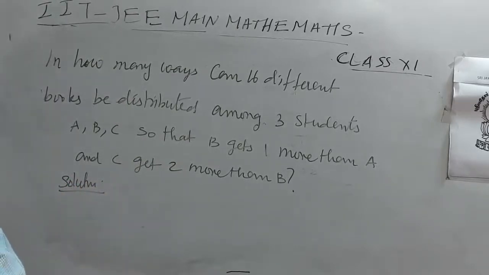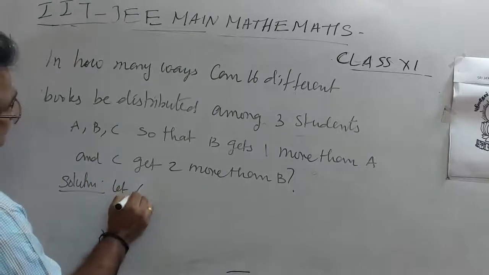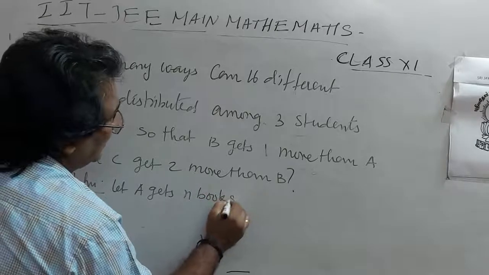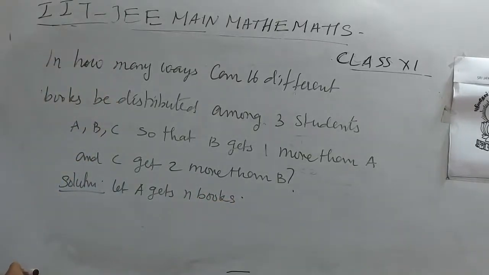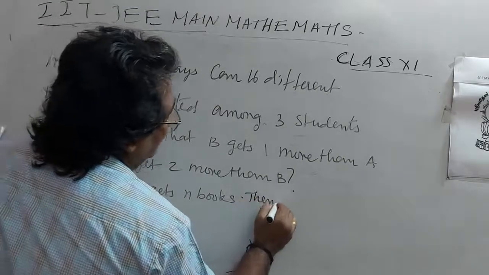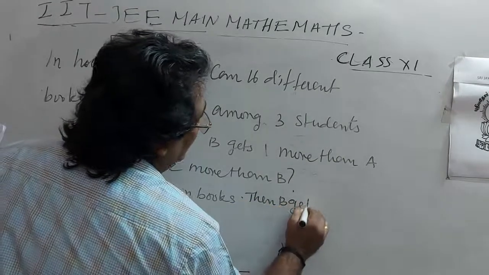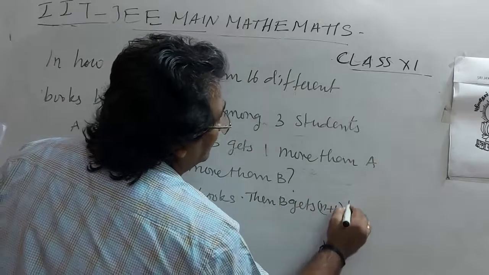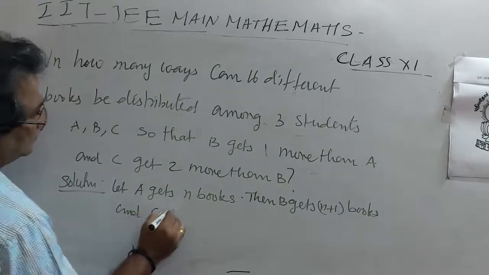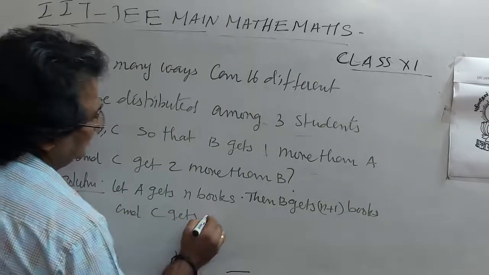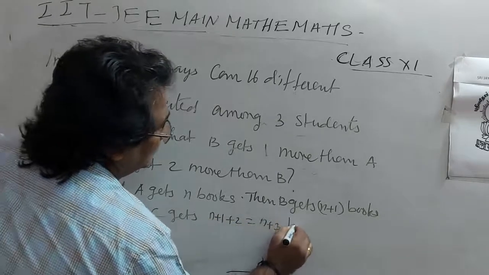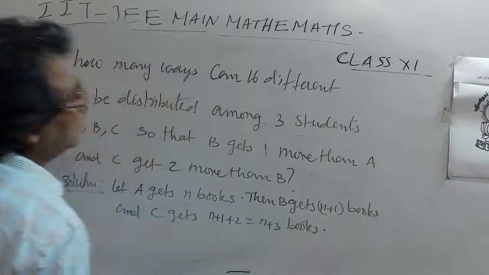Solution. Let A get n books, then B gets n plus 1 books and C gets n plus 1 plus 2, that is n plus 3 books.